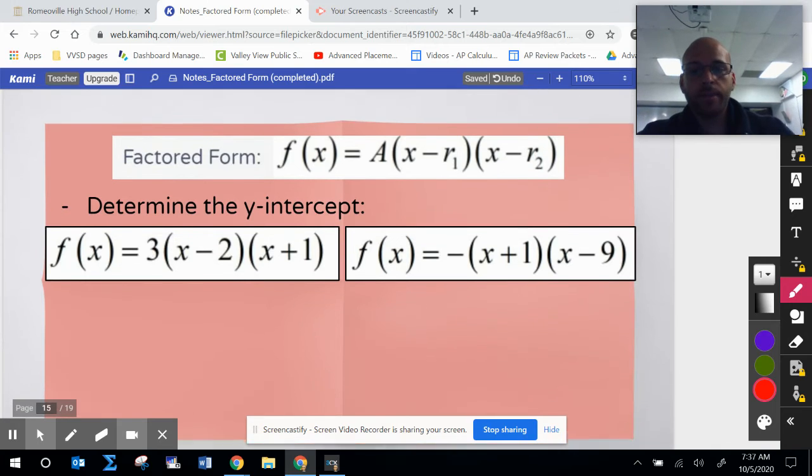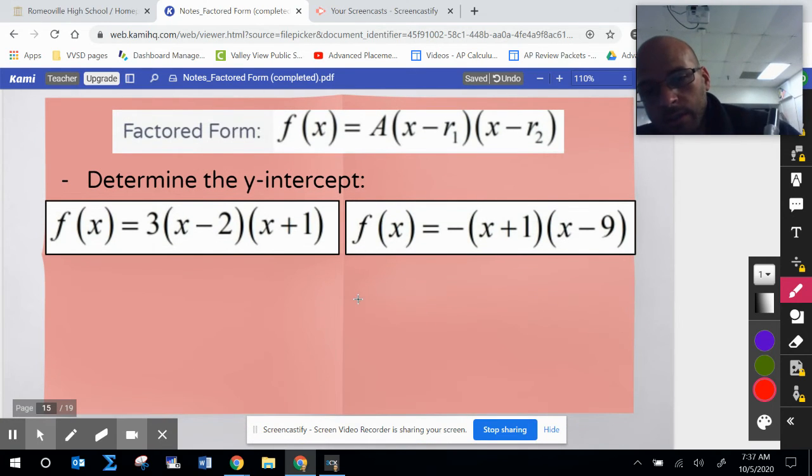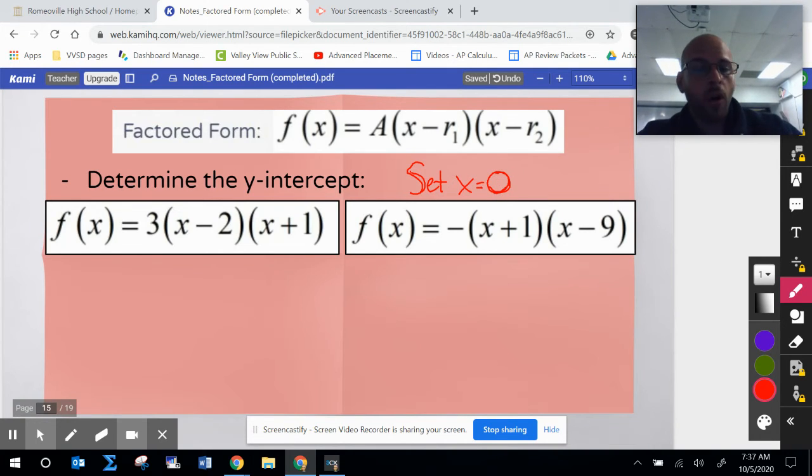Next is the y-intercept. Here we are still going to set x equal to 0. All right, that does not change. We've done it for all three forms. So if I take this, it'd be a 0 minus 2, a 0 plus 1.